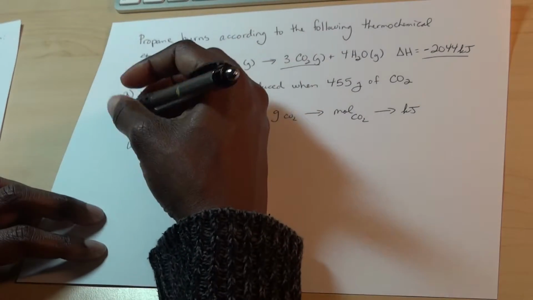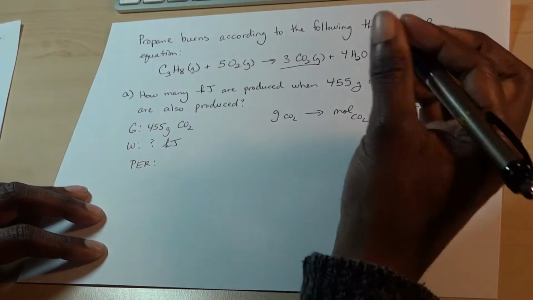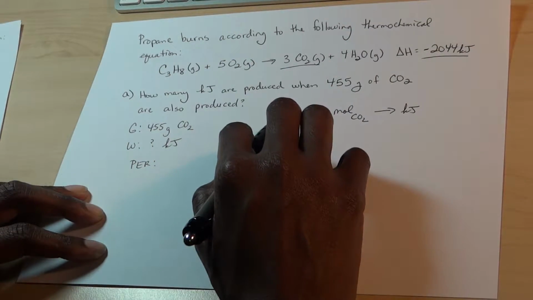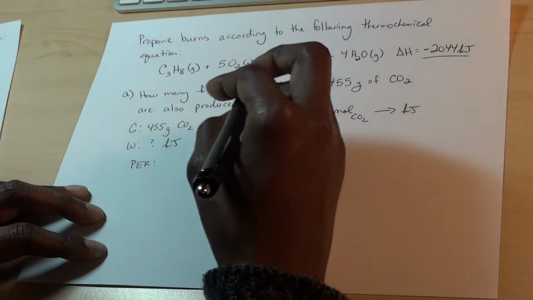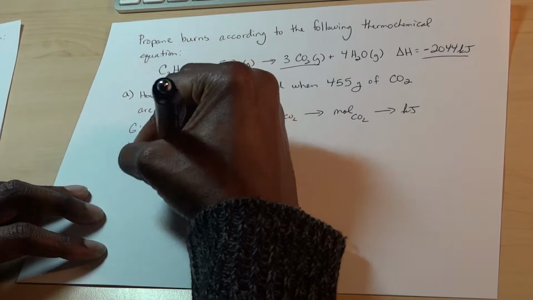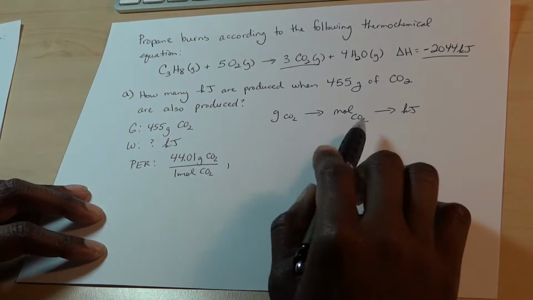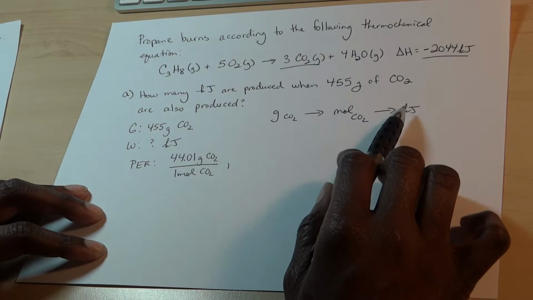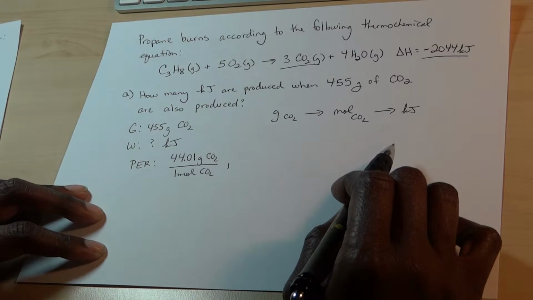All right, so our per expressions here will be grams of carbon dioxide to moles of carbon dioxide. So we need our molar mass of carbon dioxide. That's 44.01 grams of carbon dioxide per mole. And then to go from moles of carbon dioxide to kilojoules, we're going to need our energy to mole ratio.